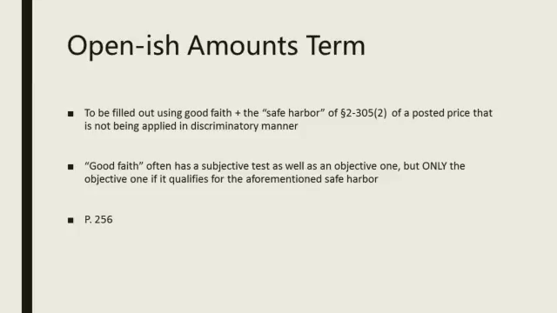So, typically with an open price term, there could be an objective and a subjective test, but there's a safe harbor with a posted price where it's put out there based on these factors. Here it is, and it includes application to similarly situated parties in the same amount, so that there's no discrimination. Okay, so I think that taking this to an extreme is the case that we see, if I'm correct, it was Casserly.